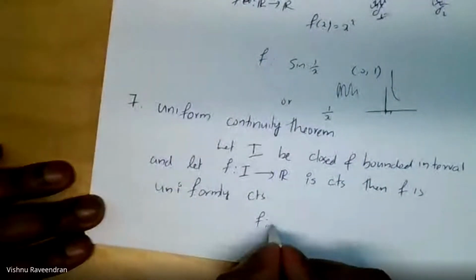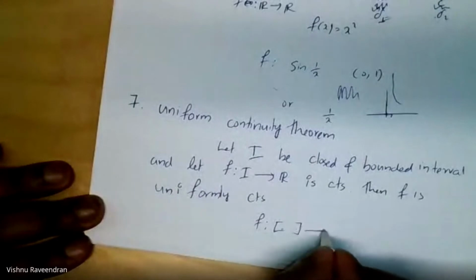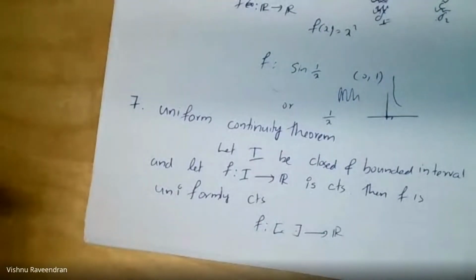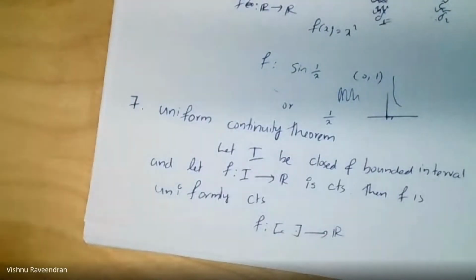Basically, if your f is defined on a closed and bounded interval and f is continuous, then it's automatically uniformly continuous.